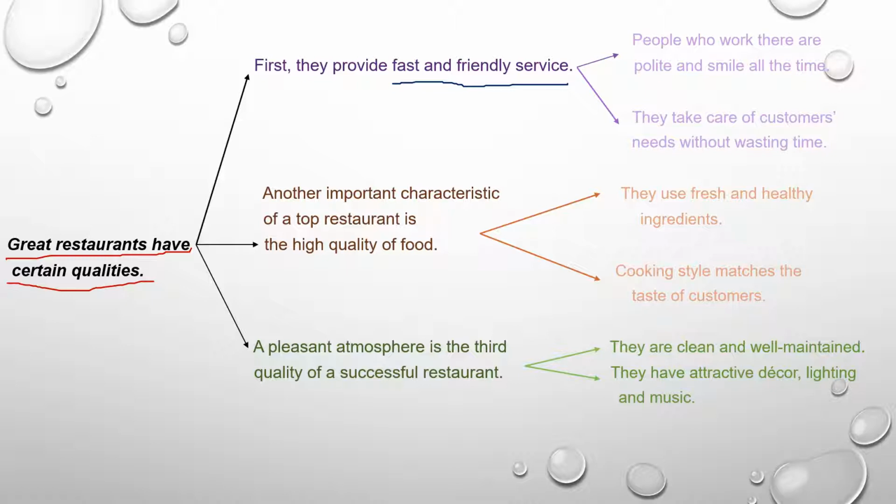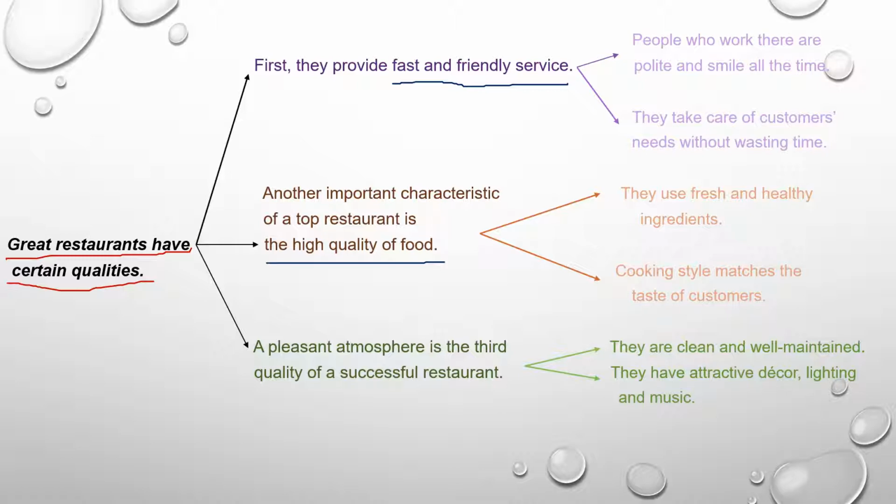Now, what about the second supporting sentence? Another important characteristic of a top restaurant is the high quality of food. Now, again, I have to make myself completely clear by giving specific details. High quality of food. What do I mean by that?